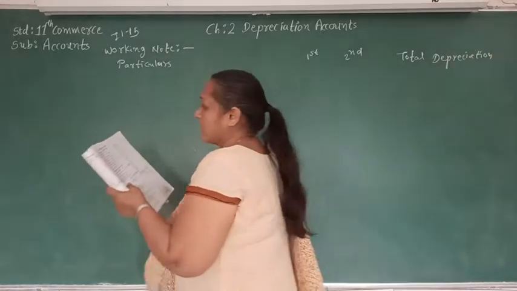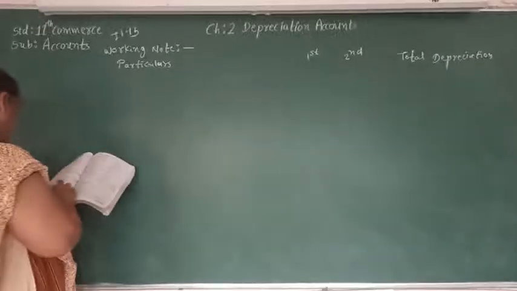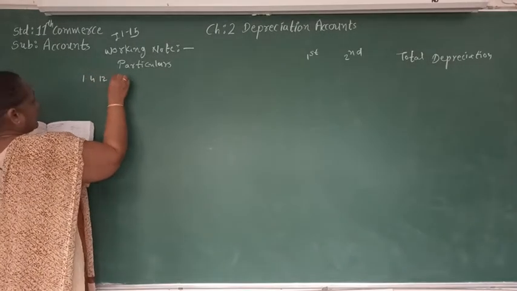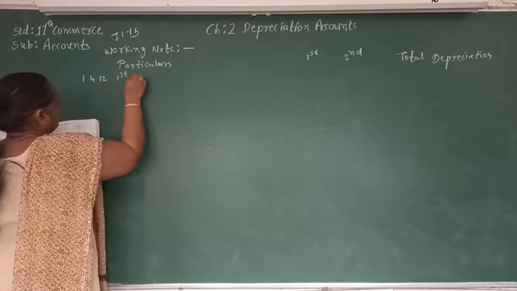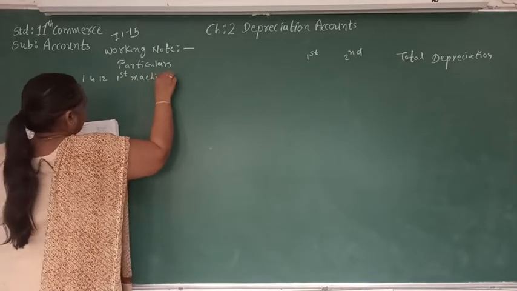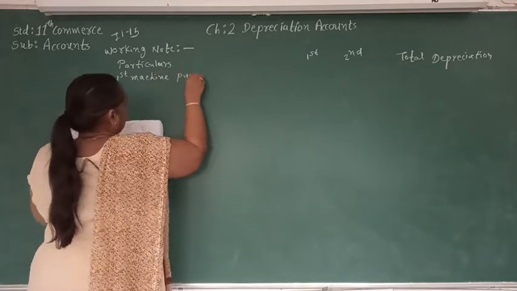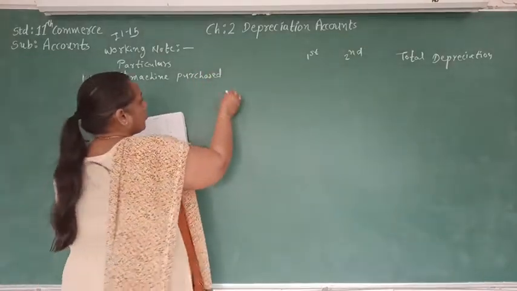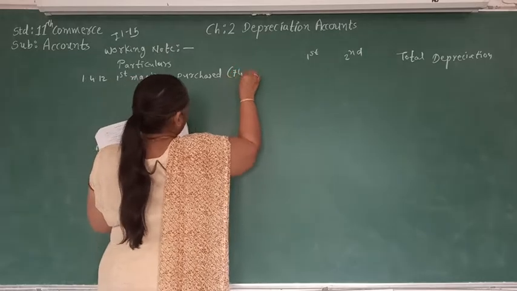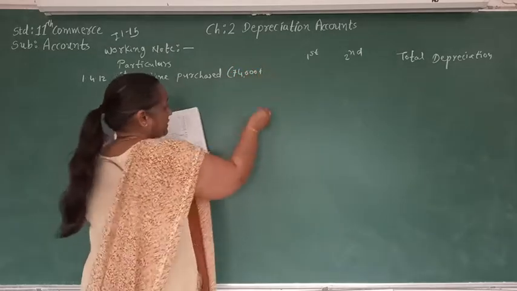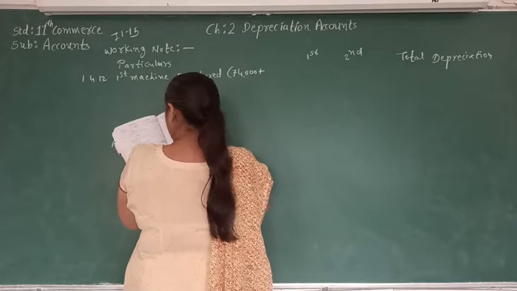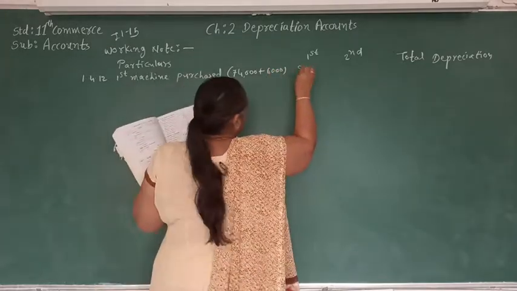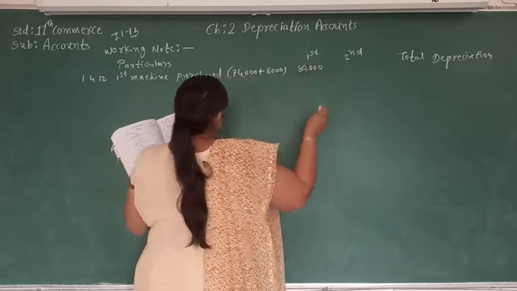Now, let's say the first machine is purchased on 1/4/12. For that, the cost price: 74,000 is the purchase price plus 6,000 is the installation expense. So the total of that will be 80,000, and 80,000 is the cost price.